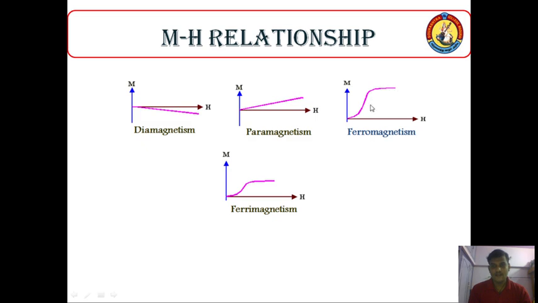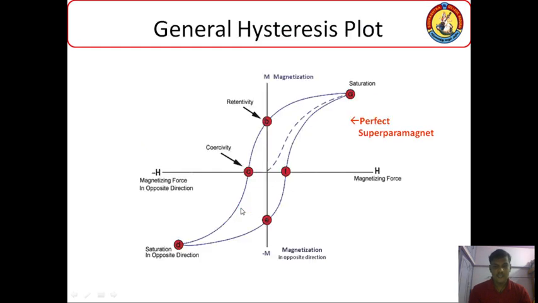In the case of ferrimagnetic material, almost the similar trend is given, but the value of positive M may not be equal to the negative M. This is the hysteresis plot for ferromagnetic and ferrimagnetic materials.